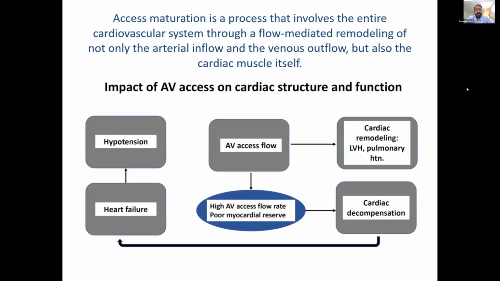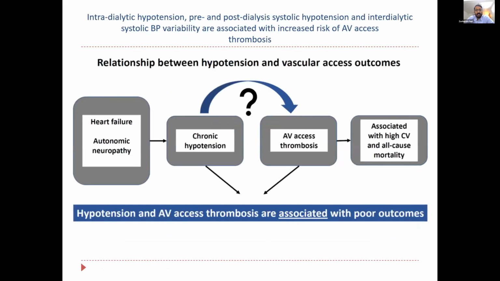Access maturation is a process that involves the entire cardiovascular system through flow-mediated remodeling. So when you have a fistula, there is a varying level of cardiac remodeling occurring. And once a fistula is there, if the fistula has a high flow rate in a patient with poor myocardial reserve, we naturally expect the patient will go into cardiac decompensation. This further accelerates heart failure and further hypertension, a setting of chronic hypertension that leads to chronic vascular access thrombosis.